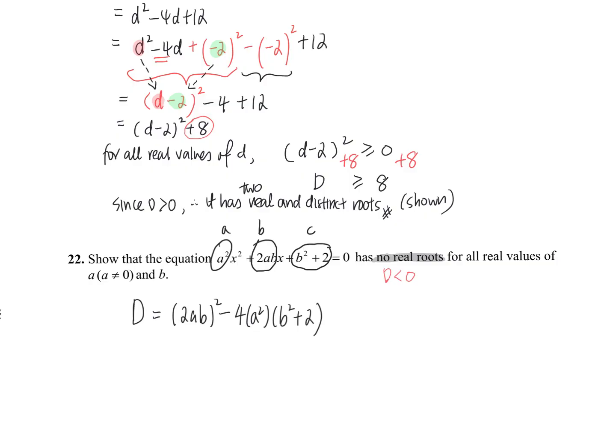Okay, sometimes it looks very scary, so just follow through first and see where your answer leads you to. So 2AB, when you square it, you just square every single term you see inside. So 2 square is 4, A is A square, B is B square. Okay?